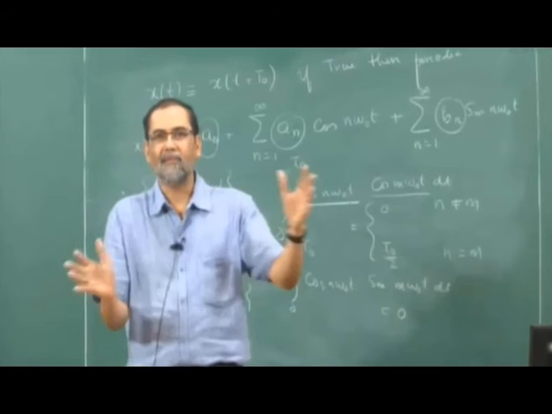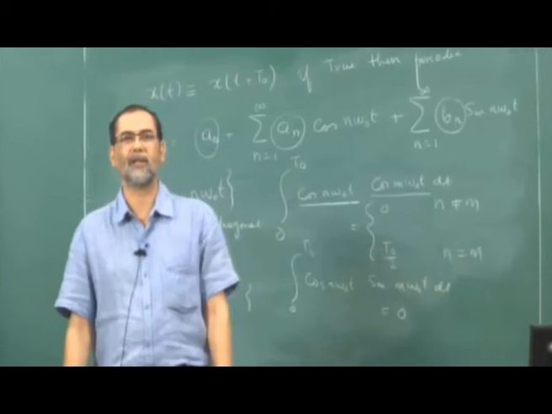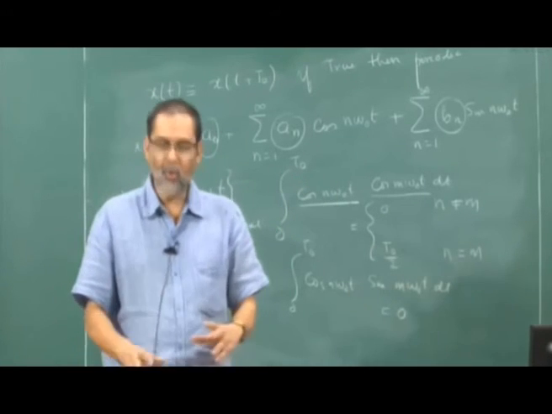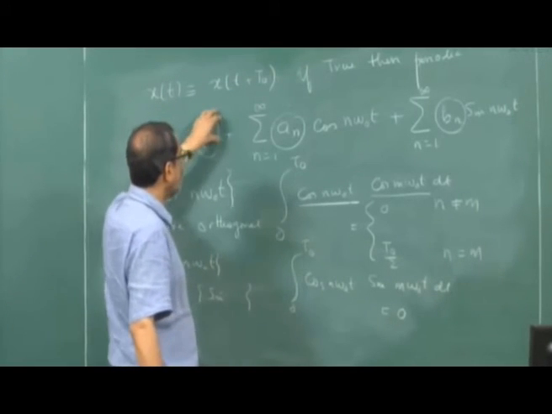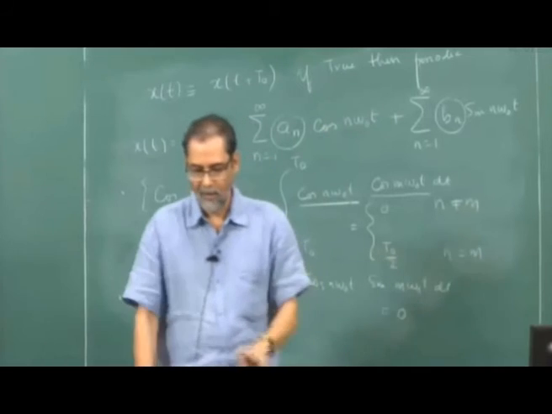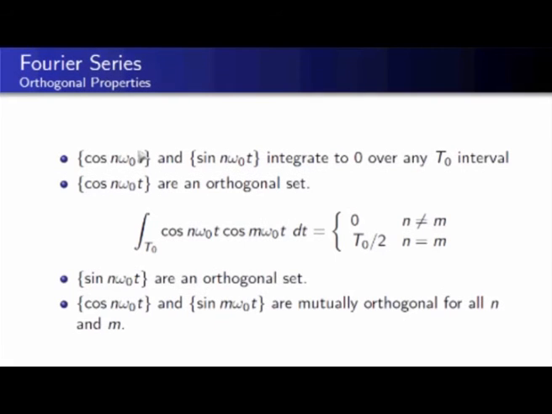These four or five properties put together are enough to tell us how to compute the values of a naught, a n and b n. So I would like you to go home and show that these properties hold good, just as a homework exercise.